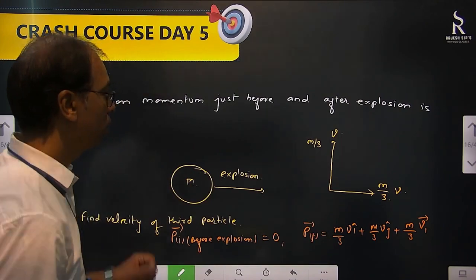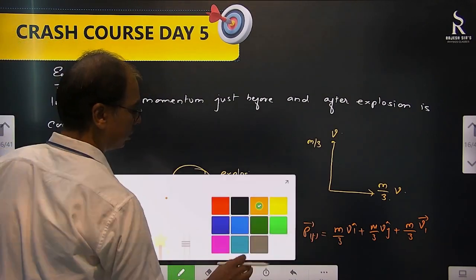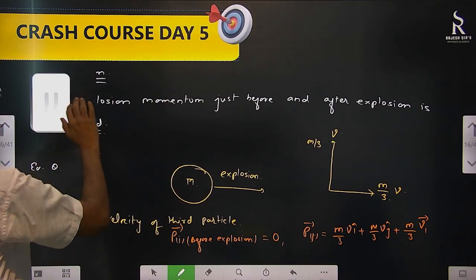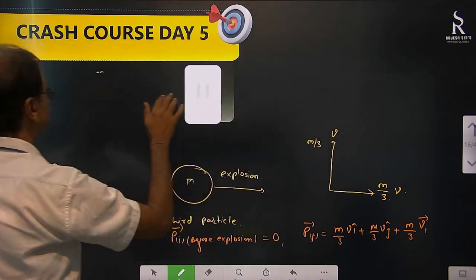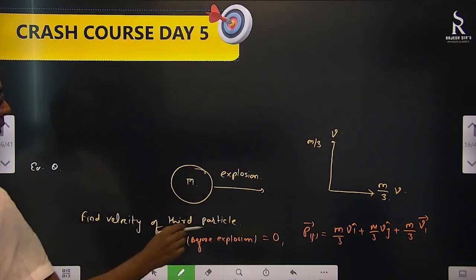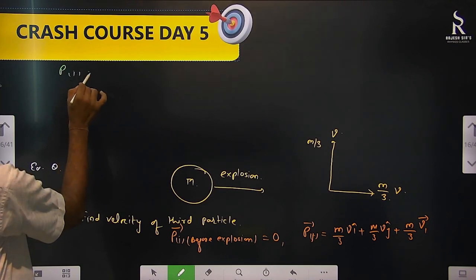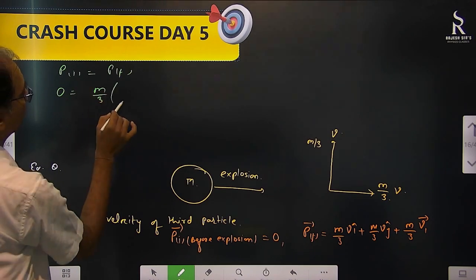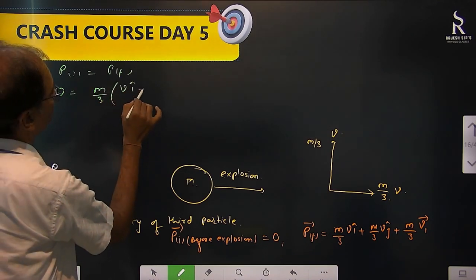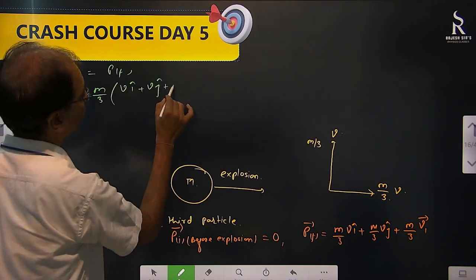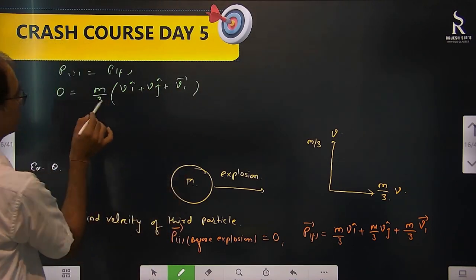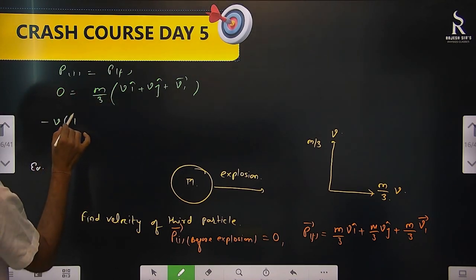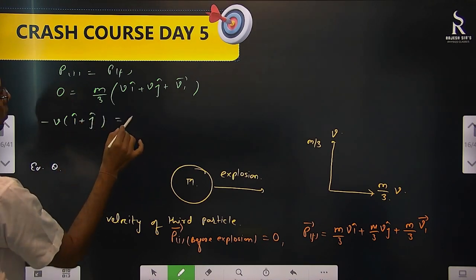So Pi equals Pf. This is 0, and on the other side I've taken m by 3 common: v i plus v j plus v1. Bringing this to this side, we get minus v into i plus j equals v1.